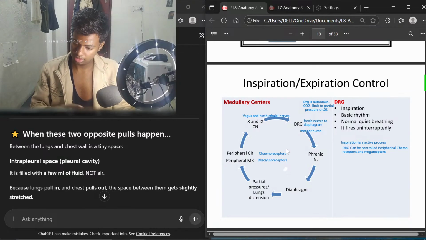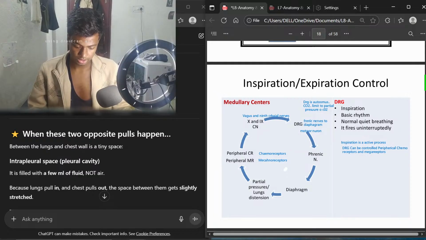The peripheral chemoreceptors sense H plus and O2 content in the air and tell the DRG to increase breathing when the O2 is low. The central and peripheral chemoreceptors and mechanoreceptors control the depth of breathing.